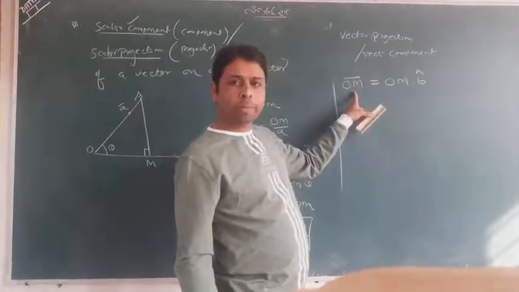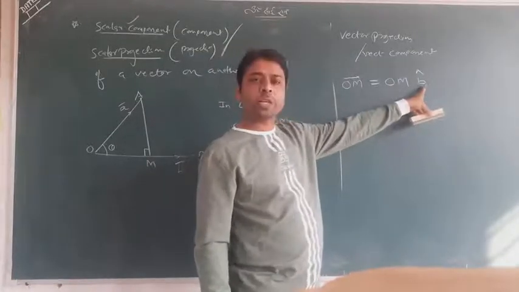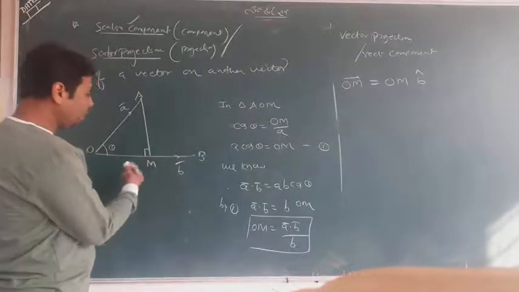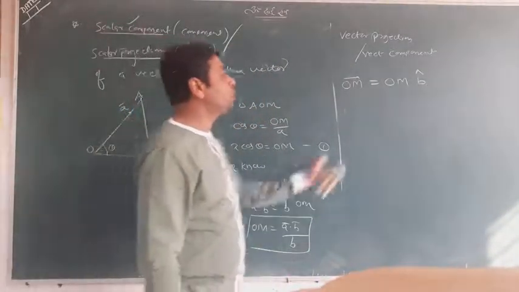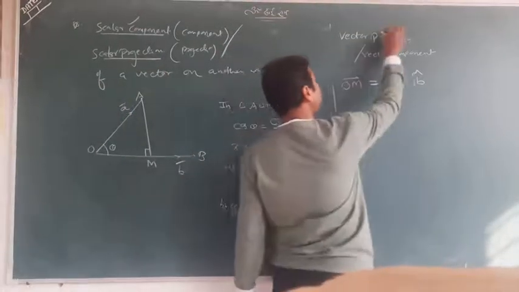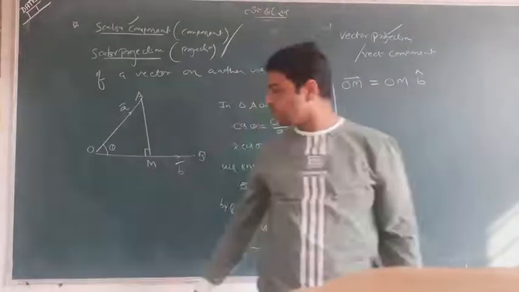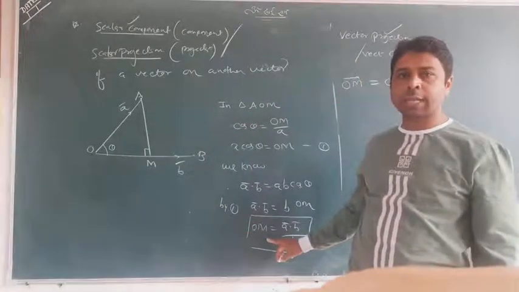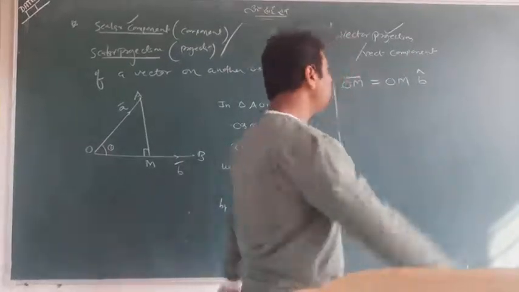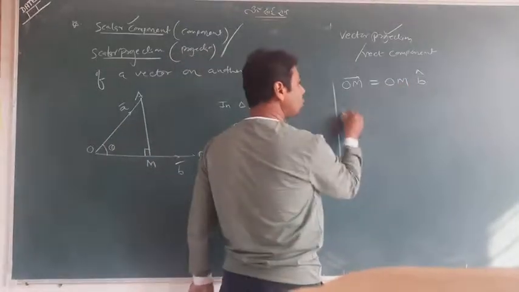This is OM, with direction towards M, and this is the vector whose direction is the same as B. So both are the same. Keep this simple concept in mind: if you are finding the vector projection, OM is your projection. This time there is no vector, so it is called a scalar projection. If this is a vector, it is called a vector projection. Now only put OM equal to whatever you obtained here, and you will get your answer.